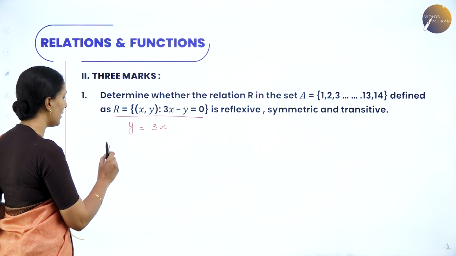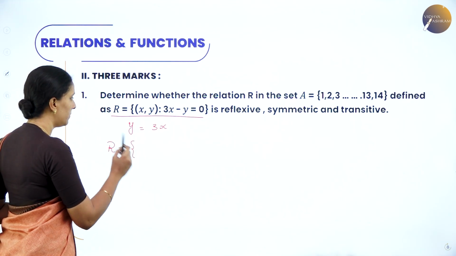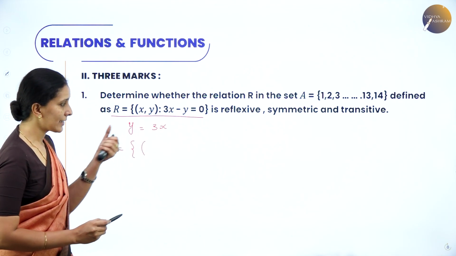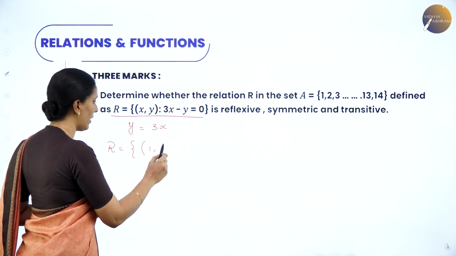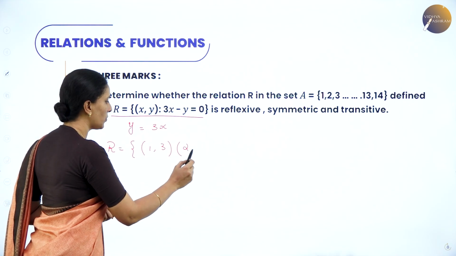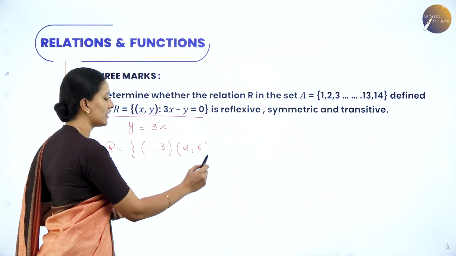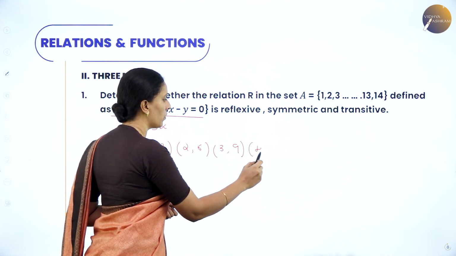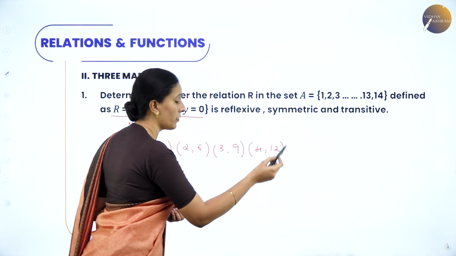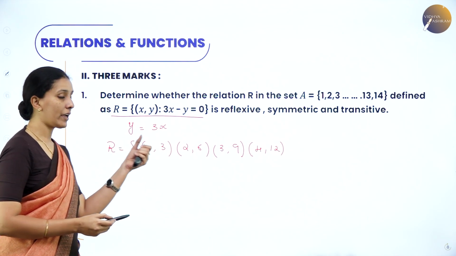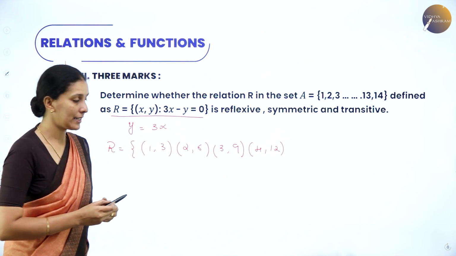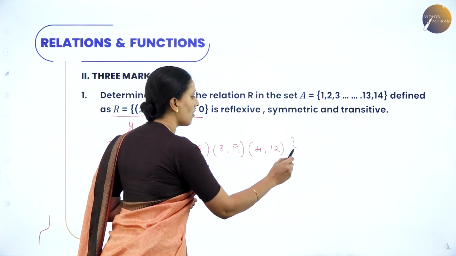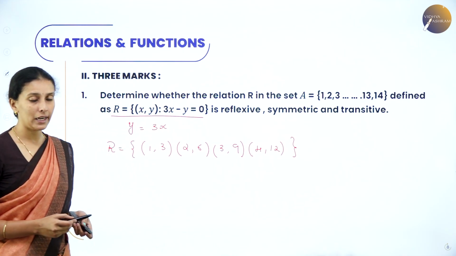So if I write the relation set here, if x is equal to 1, then y is 3; x is 2, then y is 6; x is 3, y is 9; x is 4, y is 12. We can't take 5 because 5 threes are 15, which exceeds the set A. So therefore, these are the only elements in the relation.